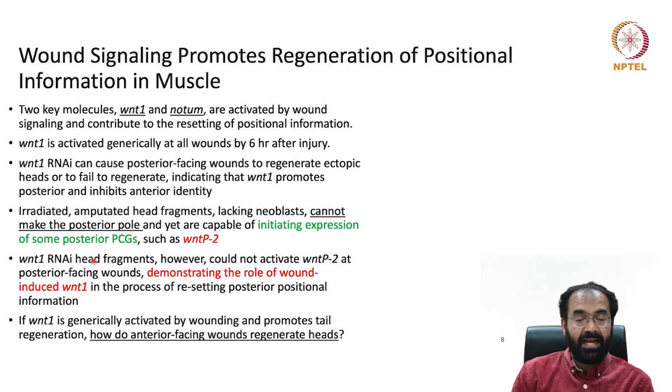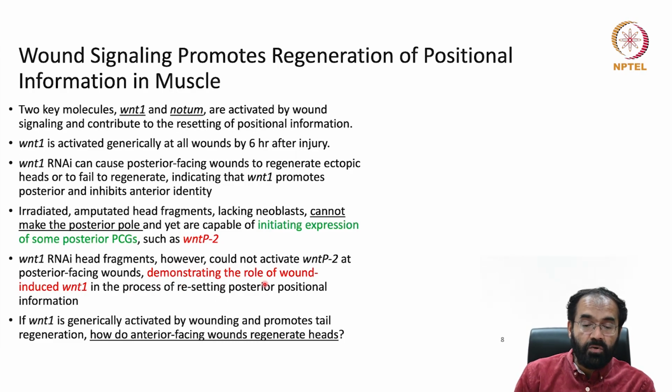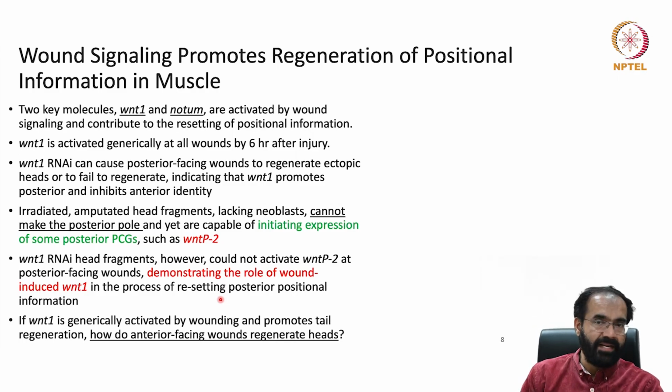Wnt1 RNAi head fragments, however, could not activate Wnt-P2. Head fragments are unable to make it after an amputation at the posterior facing wounds, demonstrating the role of wound induced Wnt1 in a process of resetting the posterior positional information or identity.